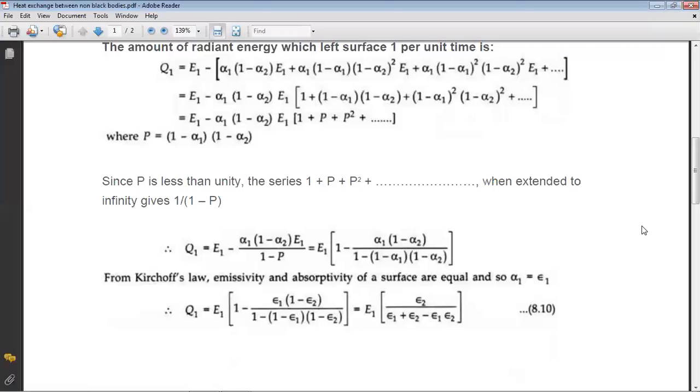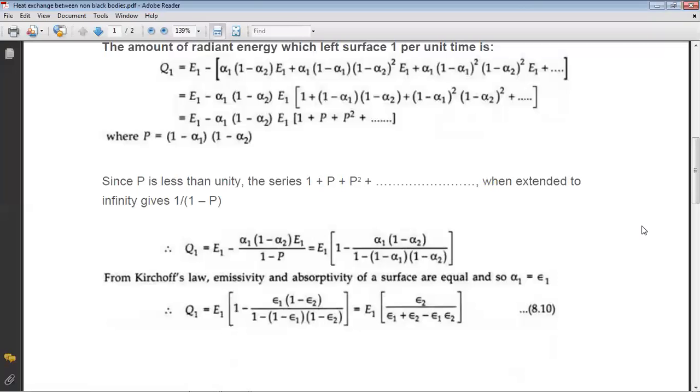Now we have considered a uniform temperature of the bodies. Hence, Kirchhoff's law can be adopted. Now in place of alpha 1 and alpha 2, I can replace epsilon 1 and epsilon 2. That is the meaning.